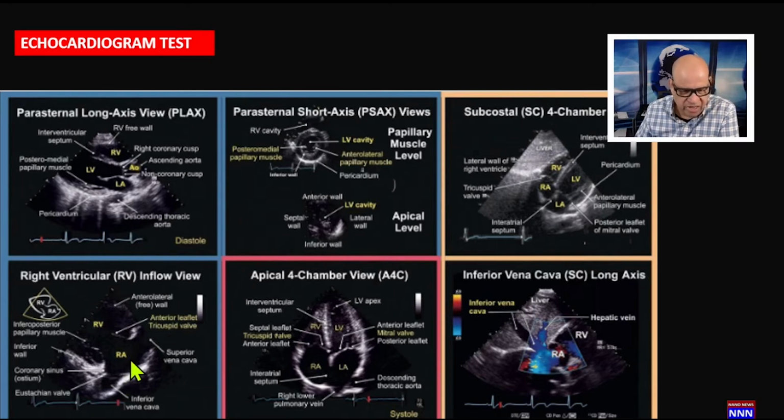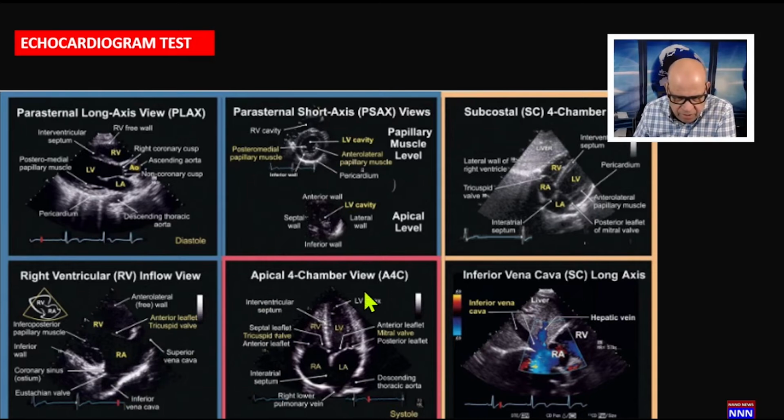This is not an easy angle to get, and it's going to take a lot of practice to get to this view. And this view would be quite useful in identifying the presence of significantly elevated pressures where the vena cava may be dilated and may fail to show inspiratory changes of greater than 50%.